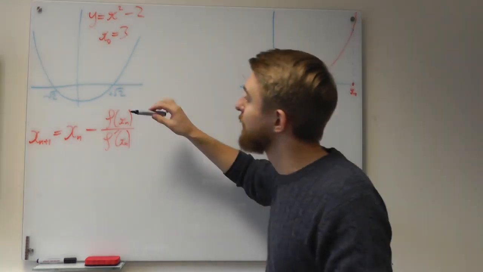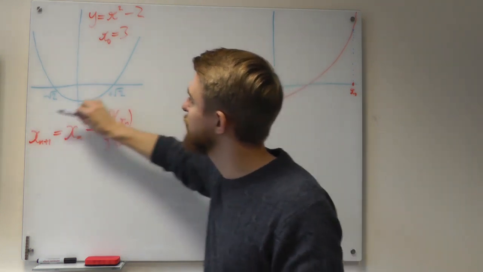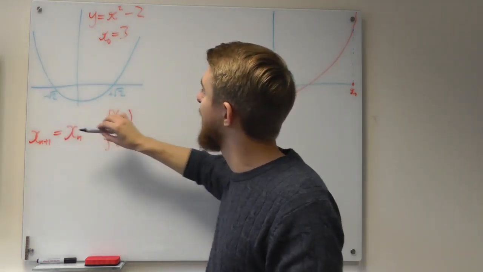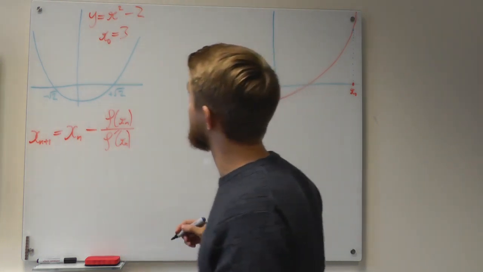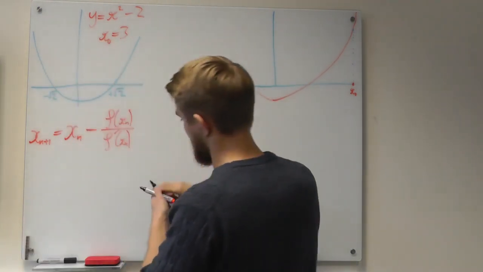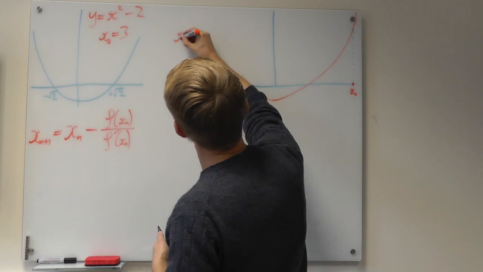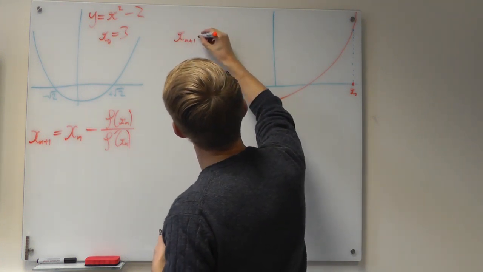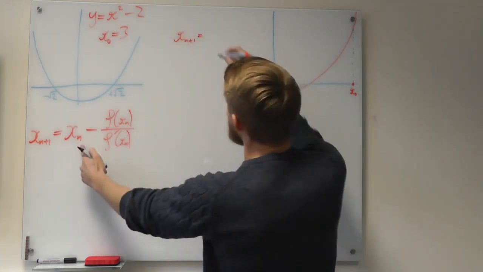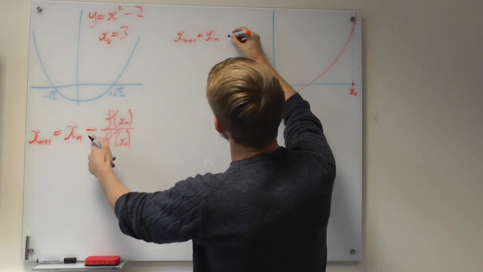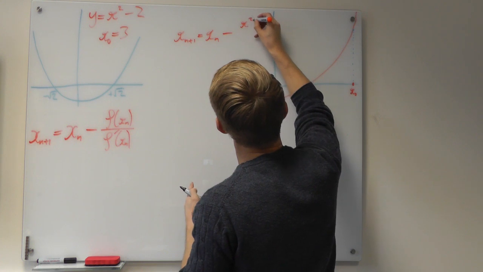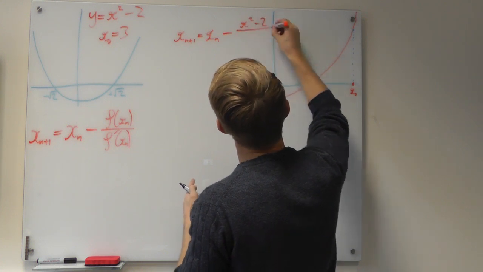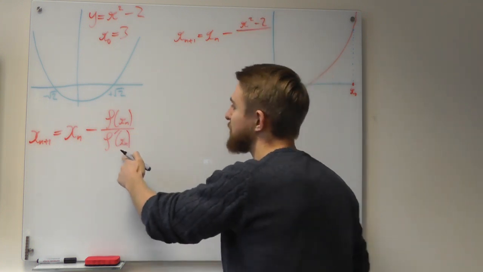So we first want to take the general Newton-Raphson formula and convert it in terms of our specific function. So we're going to say that x_{n+1} is going to equal x_n minus our function, which is x squared minus 2, divided by the differential of our function.